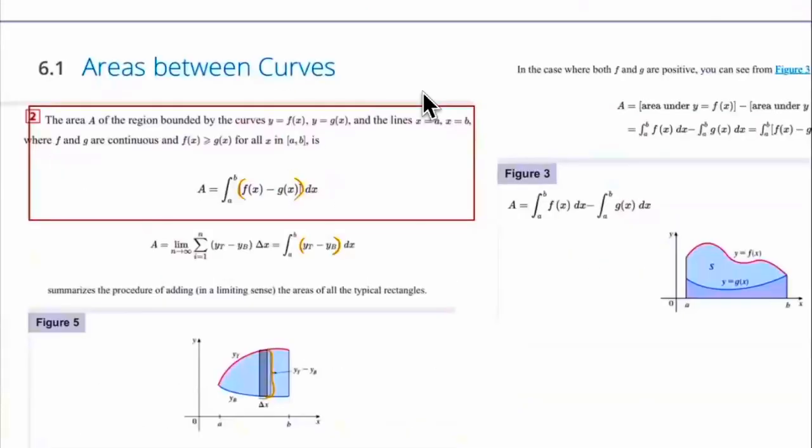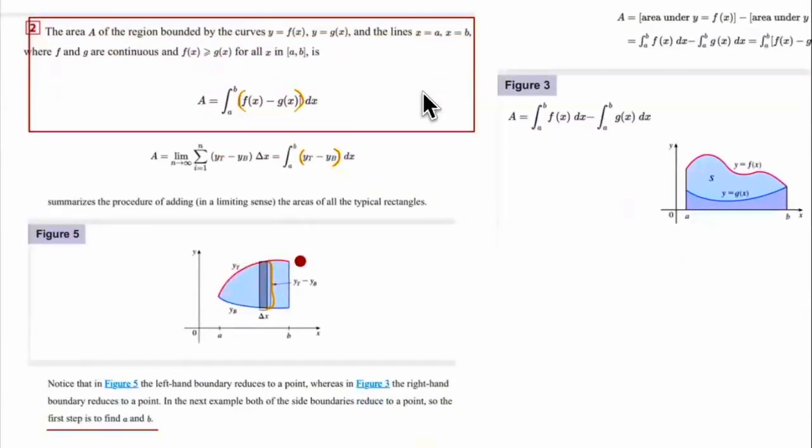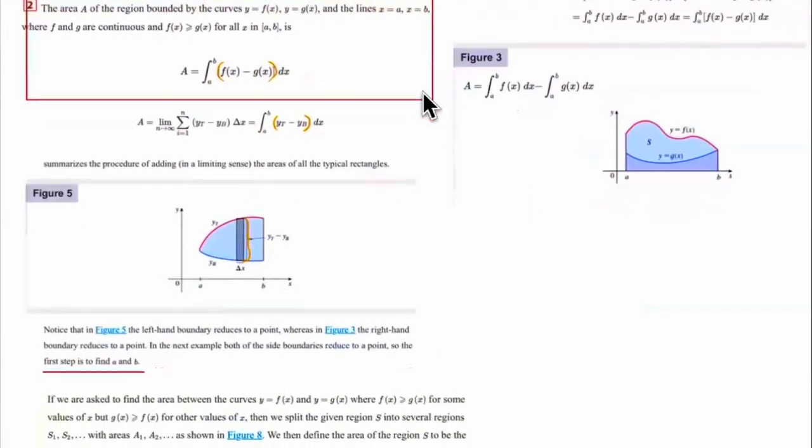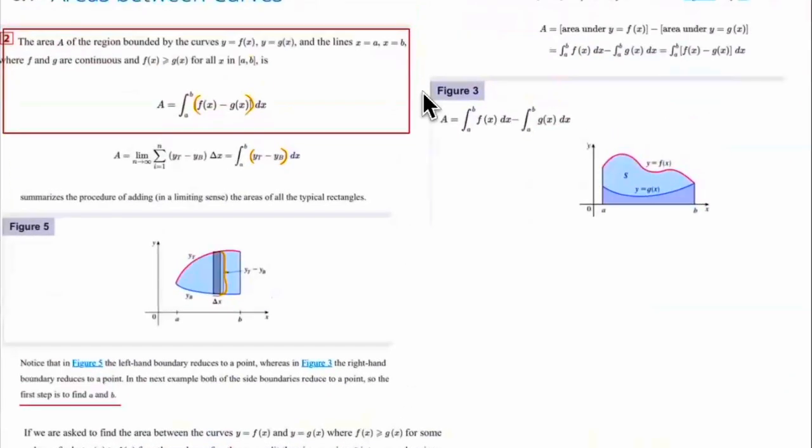And then after that, we went to chapter 6. For chapter 6, we start with area between curves. Say we're trying to find the area bounded by this curve above and this curve below. What's the area formula?